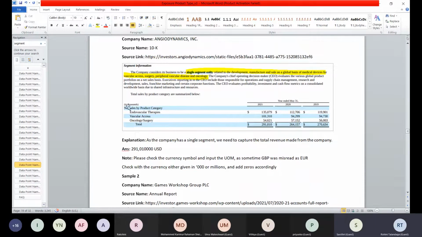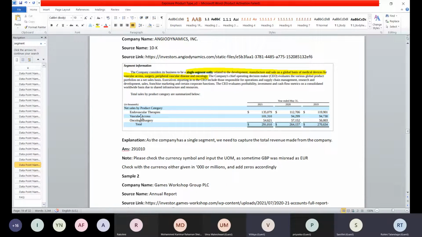Okay, so now here you need to check on the top of the table whether they have given any note like in thousand, in million or in billion. Now here they are saying it is in thousands, right? Now here what is our revenue? 291,010, right?